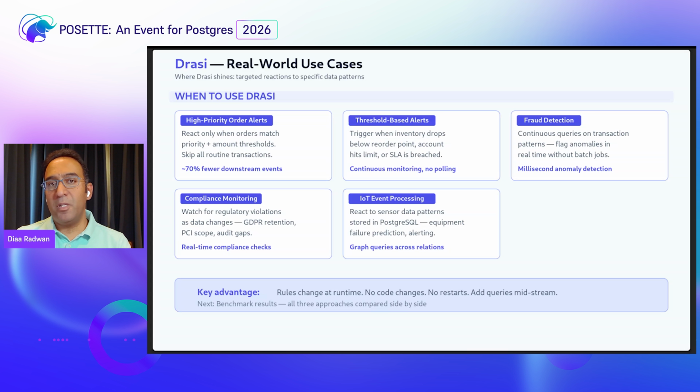Drasi will not be suitable if you want a durable event log. You will need to add Kafka instead, or Kafka plus Drasi. And if you want a broad ecosystem of connectors, Debezium, for example, has more than 50 sink connectors, which makes it very rich. So let's go to the terminal.